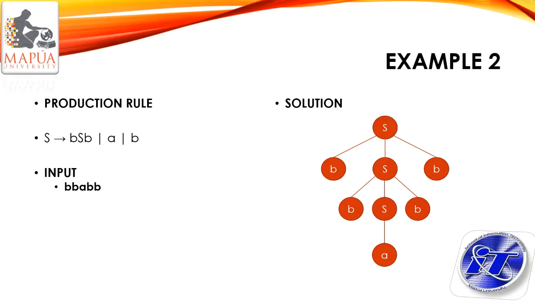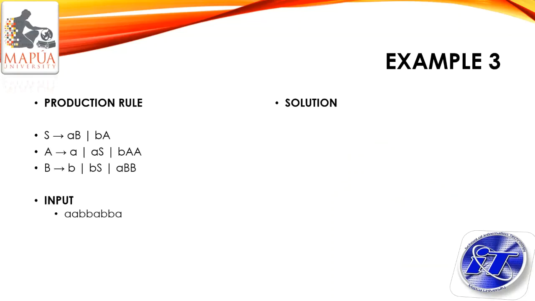Let's proceed with example number 3. Now we have three rules. The start symbol S yields AB or BA. Then non-terminal A yields a, or AS, or BAA. And B yields b, BS, or ABB. The desired input is AABBABBA.